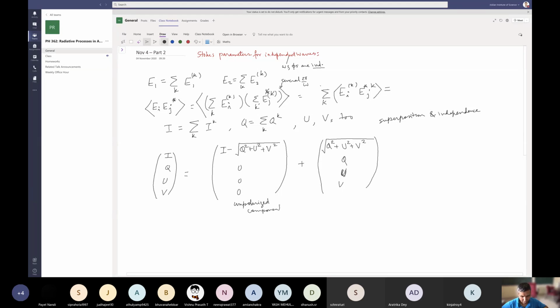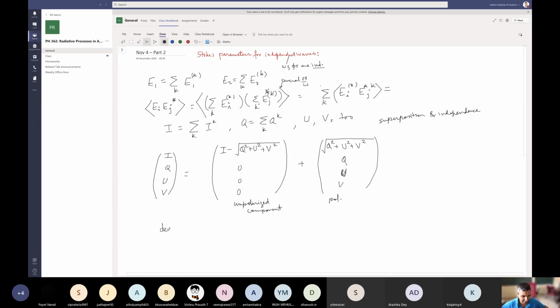And here this square is equal to this square plus this square plus this square, so this is the perfectly polarized component. So an arbitrary wave is a superposition of completely polarized and unpolarized light. In general, waves have both polarized and unpolarized components, and we express it in terms of polarization fraction.